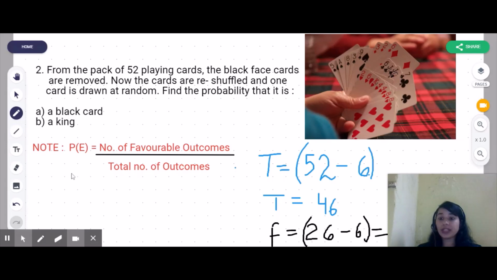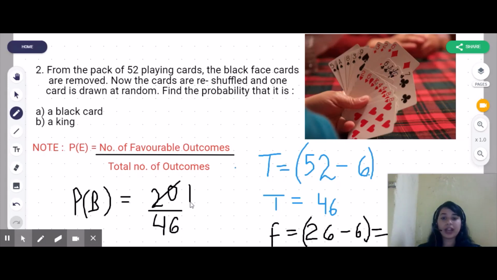So let us substitute it in the formula. So P, probability of getting what kind of a card? I have to get a black card. So probability of getting a black card will be number of favorable outcomes, that is going to be 20 here, and total number of outcomes, that is going to be 46 here. So let us reduce it by the table of 2 only. So we are going to get 10 by 23.